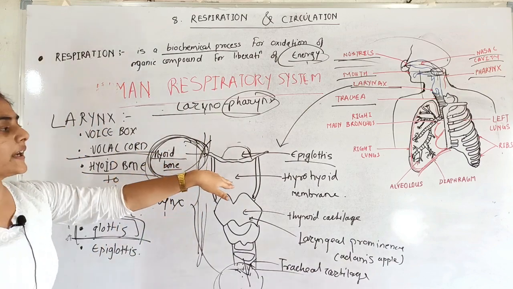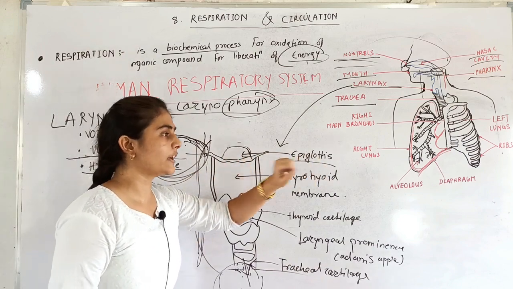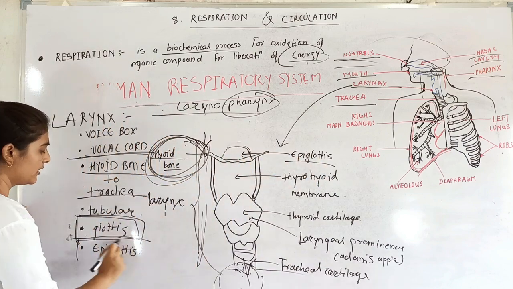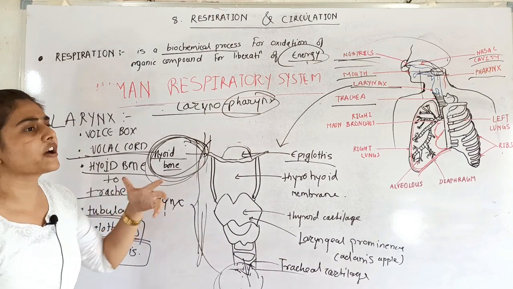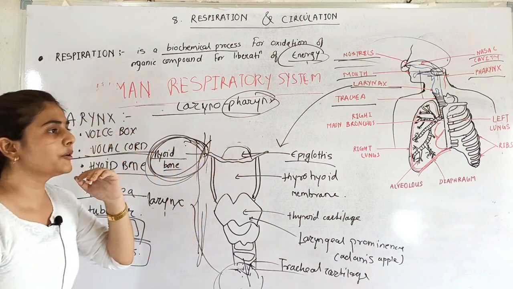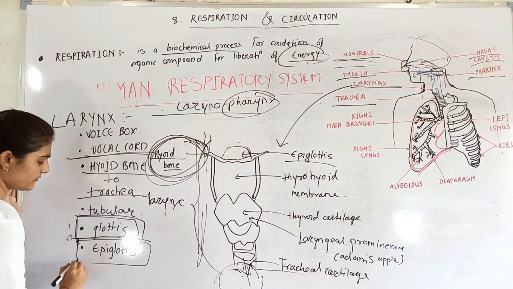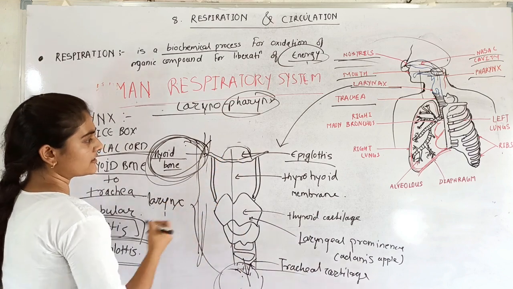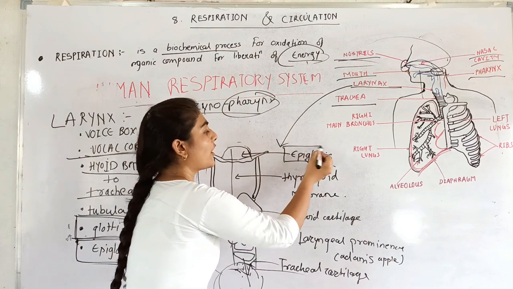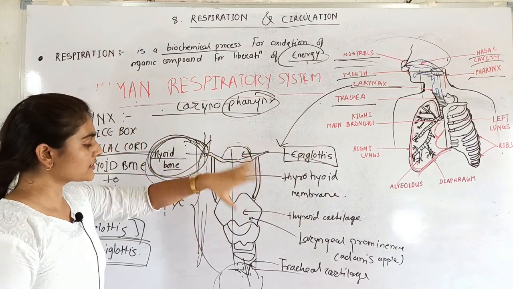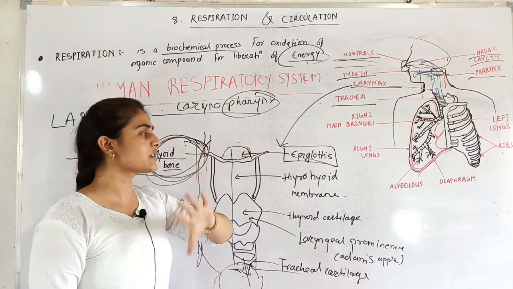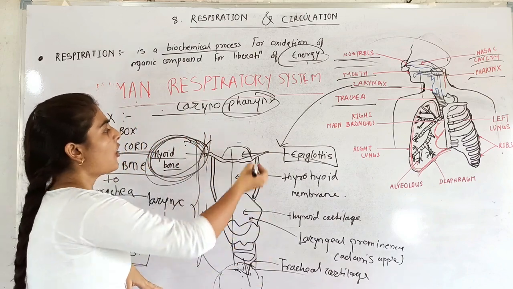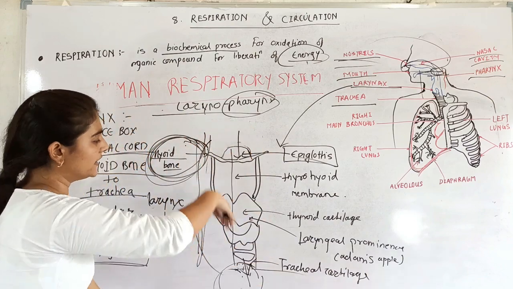Below the glottis there is the epiglottis. It is an organ or membrane which controls the entry of food or air into the larynx. That is, the epiglottis protects the larynx from damage or any insertion of food in it.